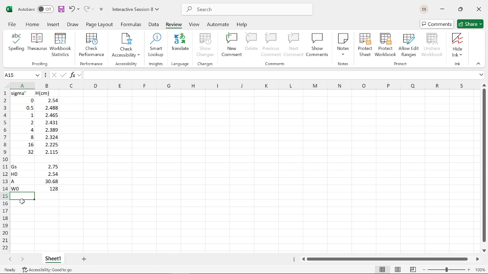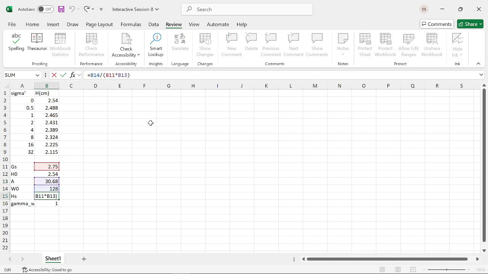So HS, I mean to say height of solids, will be W naught divided by GS into area and gamma W, which is 1 gram per cc.